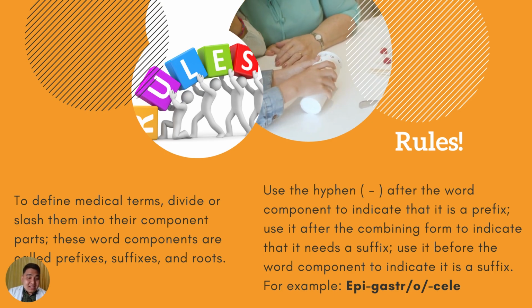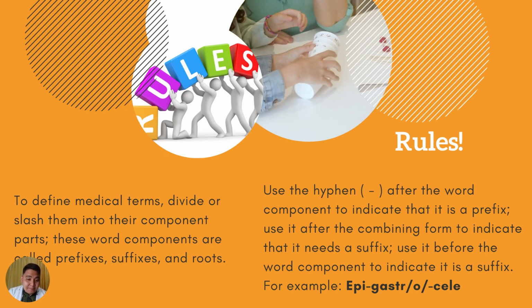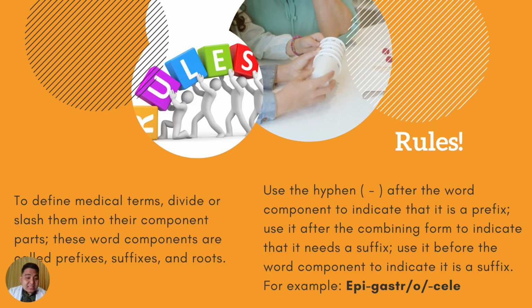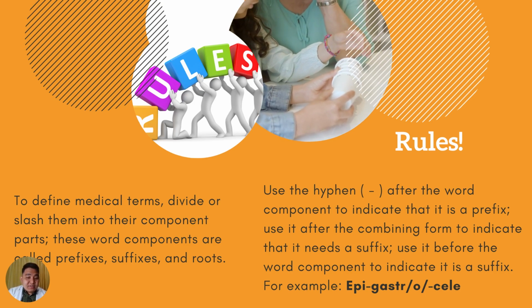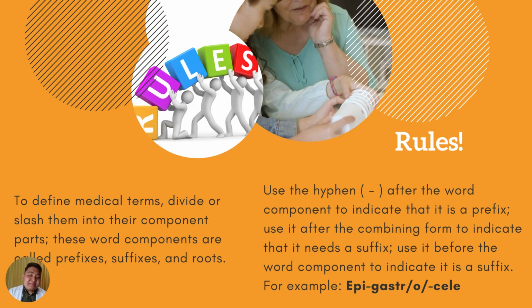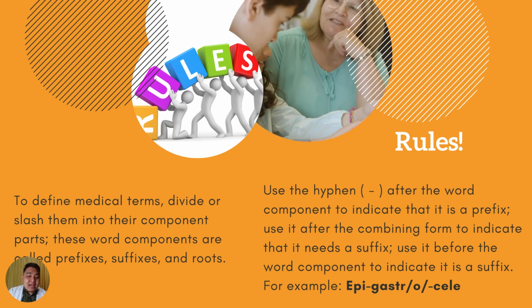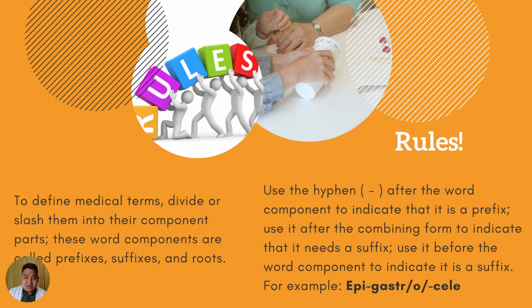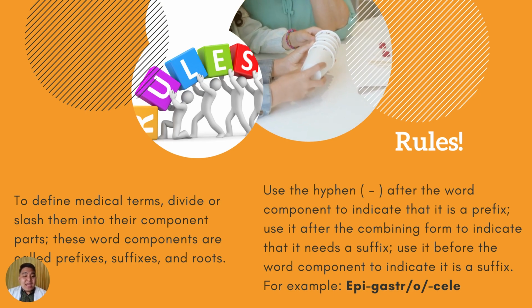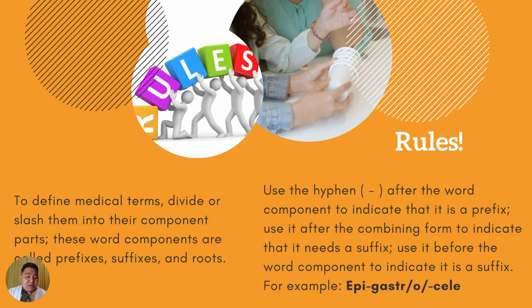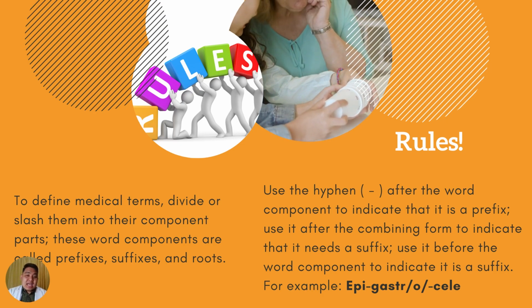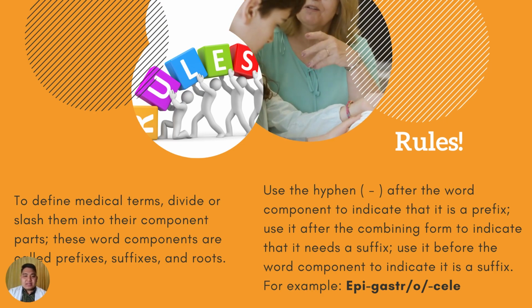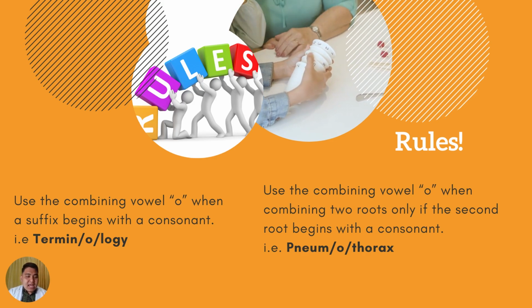And gast, or gastr, is the root word, with the o serving as a combining form or combining vowel, then the hyphen and the suffix, which is -cele, or epigastrocele. That is a word formed with the application of the rules in our subject.